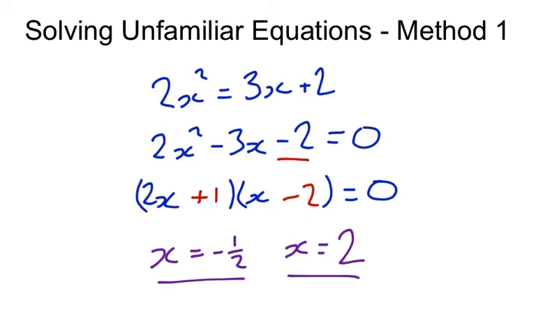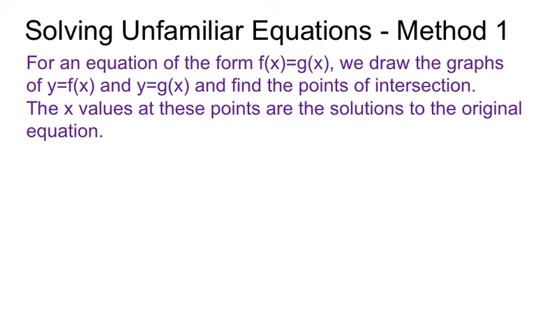Now we're going to look at how we can do this graphically. And we're going to look at one method in this video, and in the next video we're going to look at a second method for doing this. So method 1 for solving these is if we have an equation of the form f of x equals g of x, so that's some algebraic function equal to another algebraic function, doesn't matter what it is on either side, we draw the graphs of y equals f of x and y equals g of x.